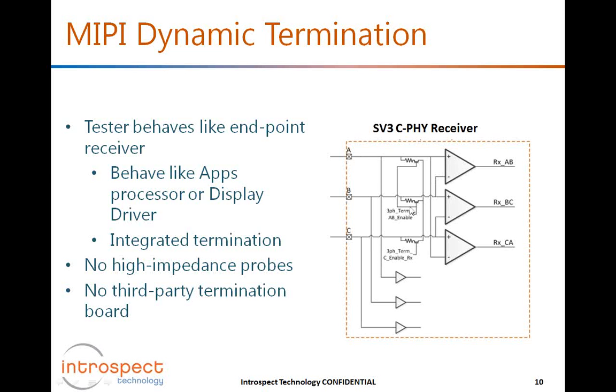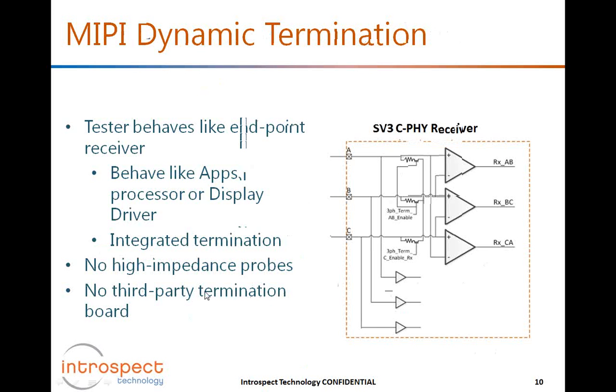When the transmitter wants to send LP data, the tester has to disable its termination resistors and look like high Z, so that the data comes in and goes into the LP receivers. And so that's what we're saying here, that the tester needs to have integrated termination that is dynamic. This helps eliminate the need for high impedance probes or external boards that could be used to emulate this function. So that's the first requirement generally for testing mobile devices in the new age.